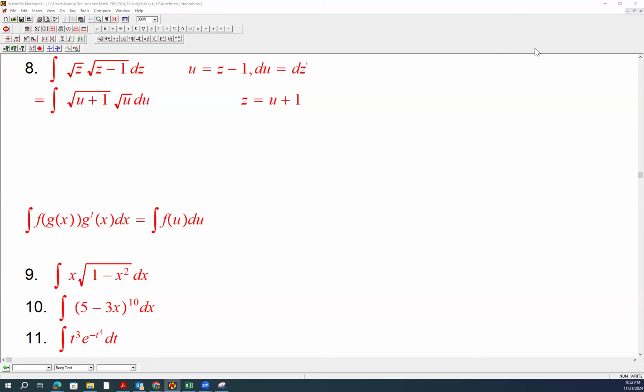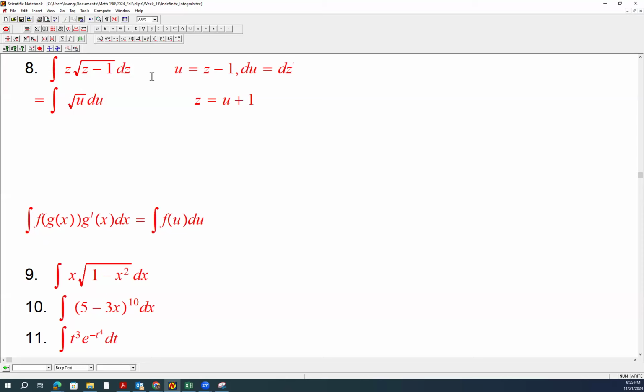So if it doesn't work, what do we do? I just double checked the question, and I think I copied the wrong question. This should be z. So this way it should work. We still introduce u equals z minus 1, du equals dz, and this z will be replaced by u plus 1.